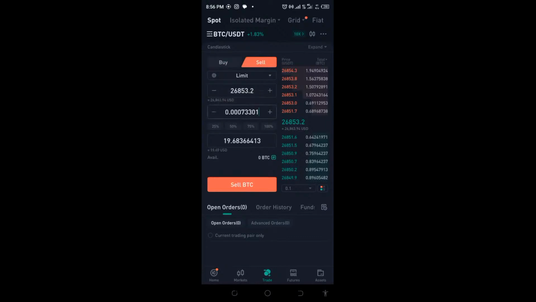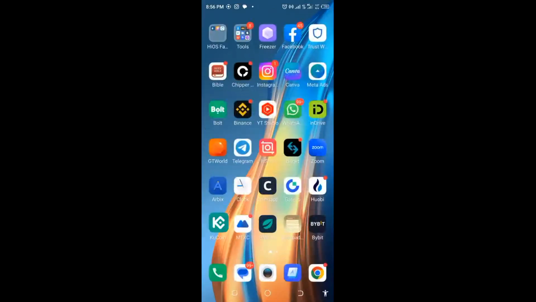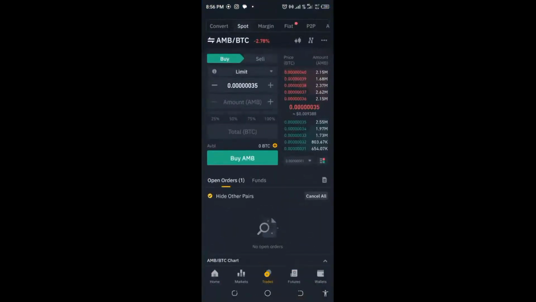Nah, this is 19.68, nowhere near 19.85. So the only option we have is to try and see if we are able to buy the AMB. And if that doesn't work, we'll be forced to sell it back to BTC, to sell the BTC back to USDT. So do we want to try this out?